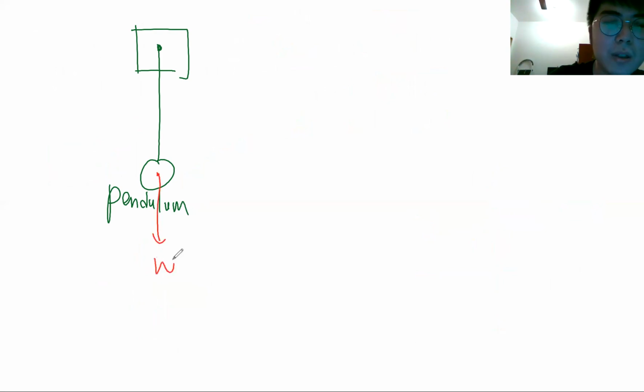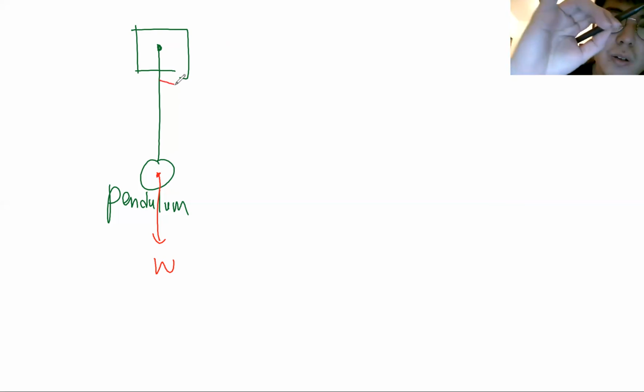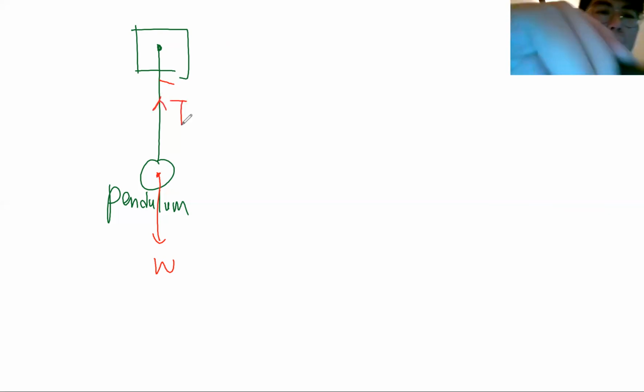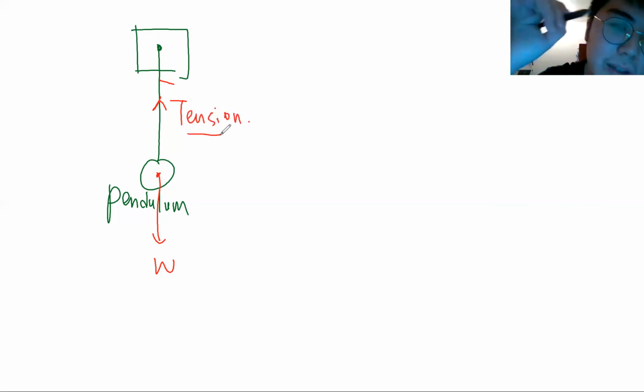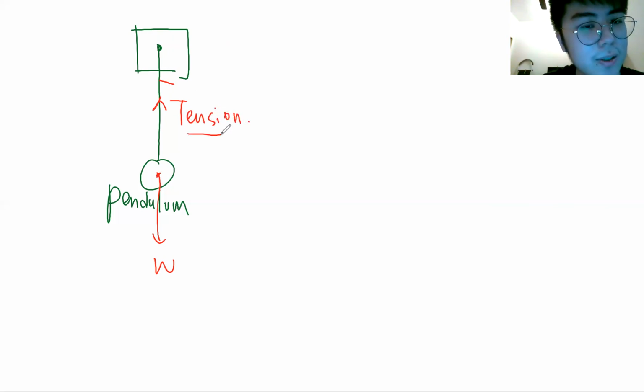W. Okay, so in this case, the pendulum is not on any surface, right? It's not in contact with any surface, but it is in contact with a string here. This is a string. So in here, there's no normal reaction, but the force here is what we call tension, T. Okay, so label tension in strings. In strings, we use tension.